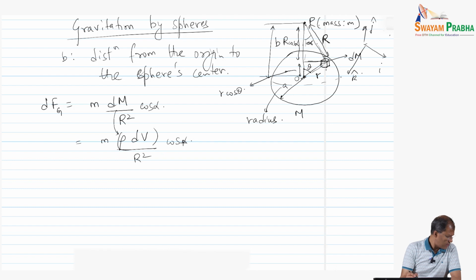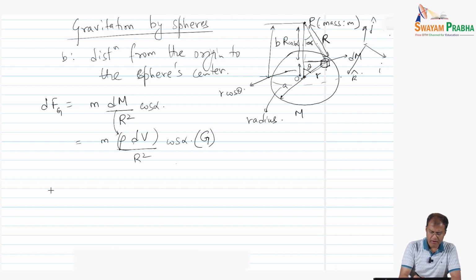And notice that my r square from this triangle comes out to be, well, I can finally write down all the other quantities from this geometry and write down the final answer to this. So we have m rho dV times, I think we have missed the constant G here, the gravitational constant.